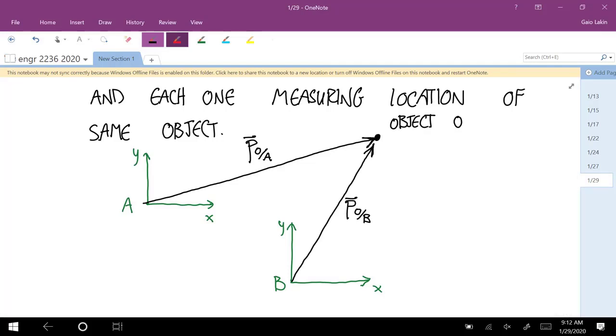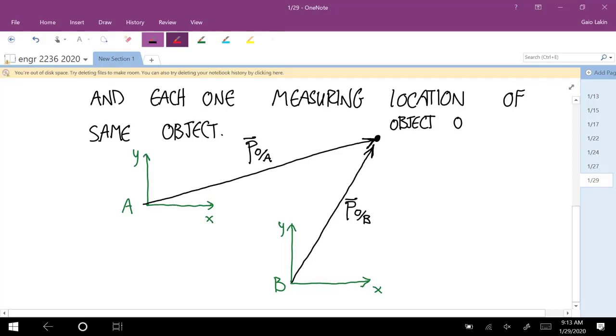Well, those coordinate systems can track objects, and they also can track the origin of the other coordinate system. So I could draw the vector for the position of coordinate system B, talking about the origin, relative to A, or vice versa.